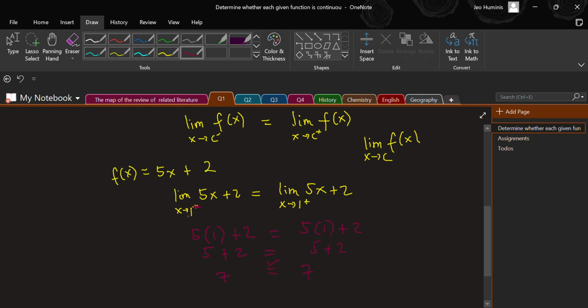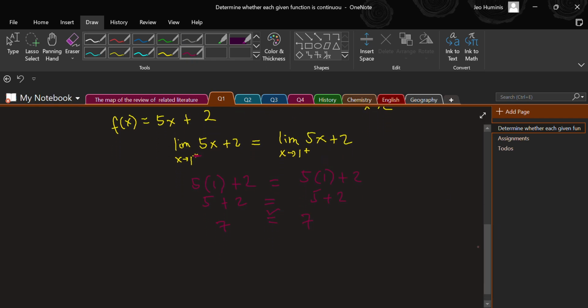So the limit from the left and the limit from the right are equal. Therefore the limit of our function f of x as x approaches c exists.